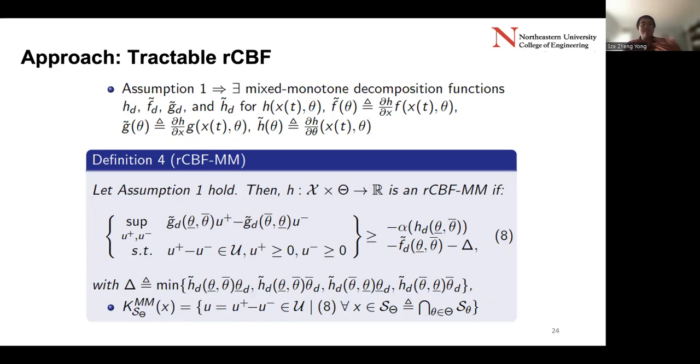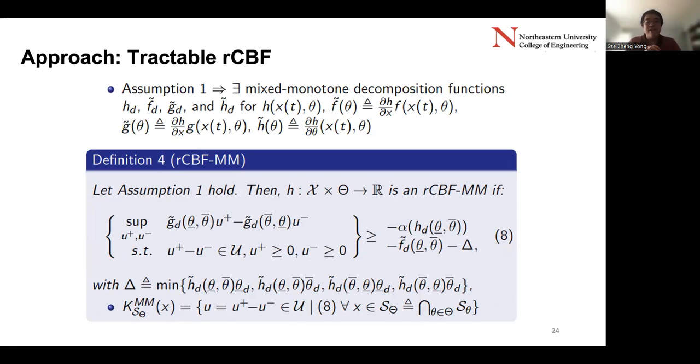So because of the assumptions that we make, the differentiability as well as known Jacobian bounds, we actually can show that there exist mixed monotone decomposition functions, which is why I talked about it before, for various different functions of the system.